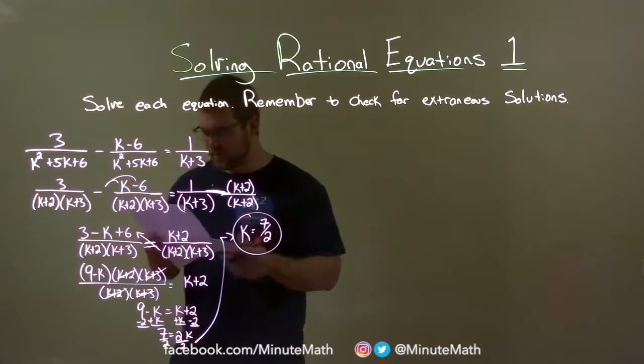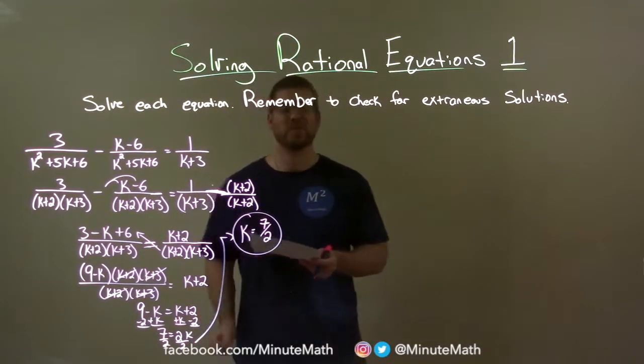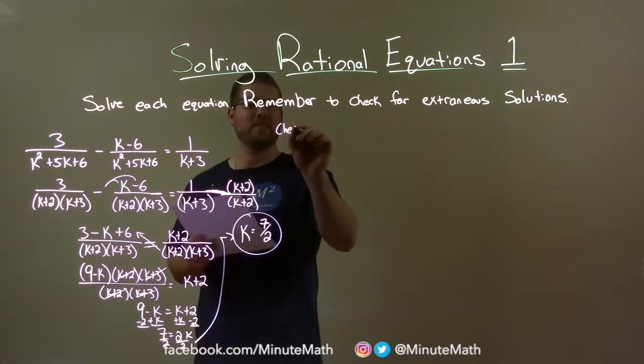So we have k equals 7 halves here, but they told us that we need to check for extraneous solutions. So let's do our check here.